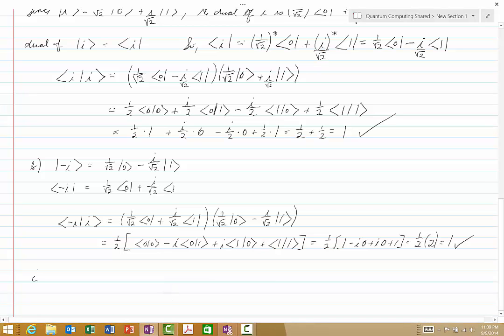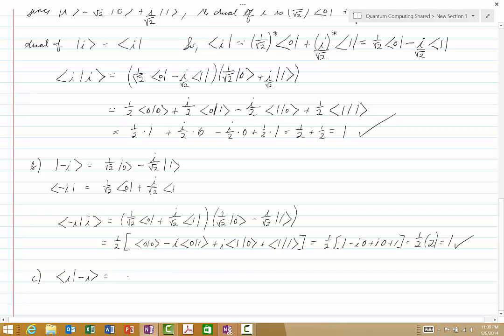And now finally, we want to check the inner product of i with minus i. We have already found the dual of i, which is, you can see here, pre-multiplying minus i.